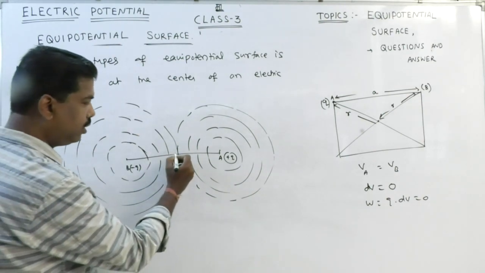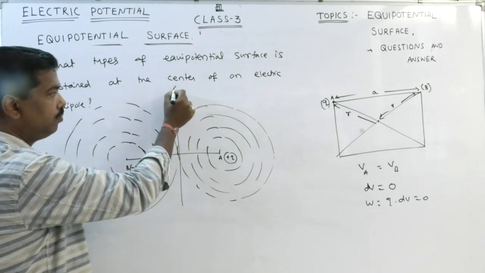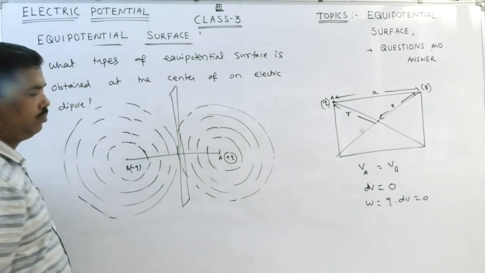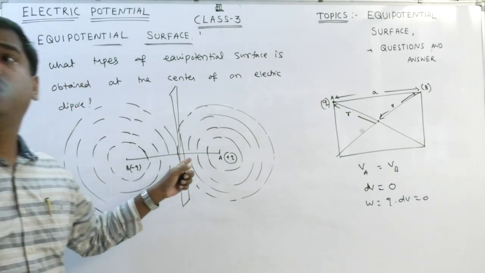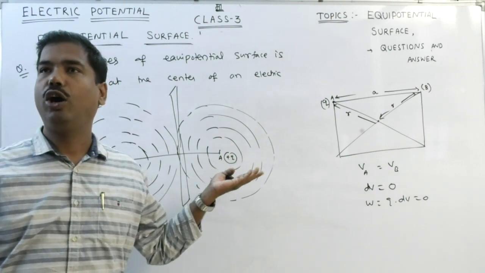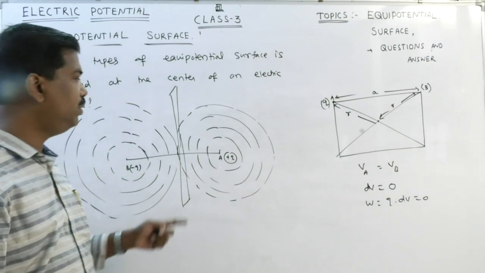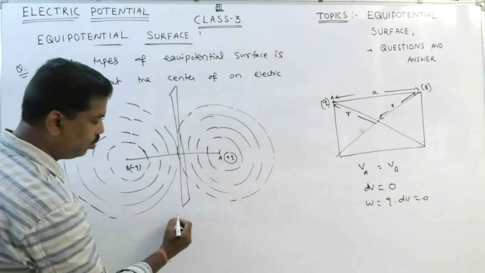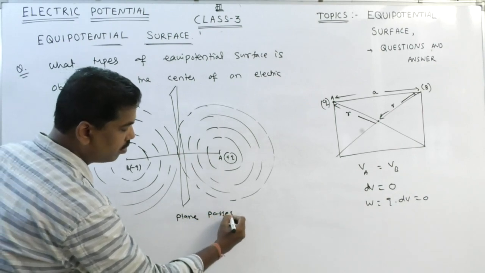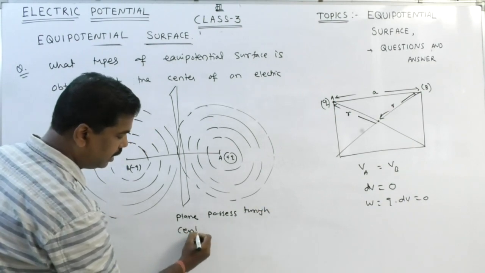At the common point, that is on the equatorial line, the plane that passes through its equatorial line, the potential difference is zero. We have already obtained that for an equatorial line, the electric potential is zero. It means the plane passes through the center of the electric dipole.